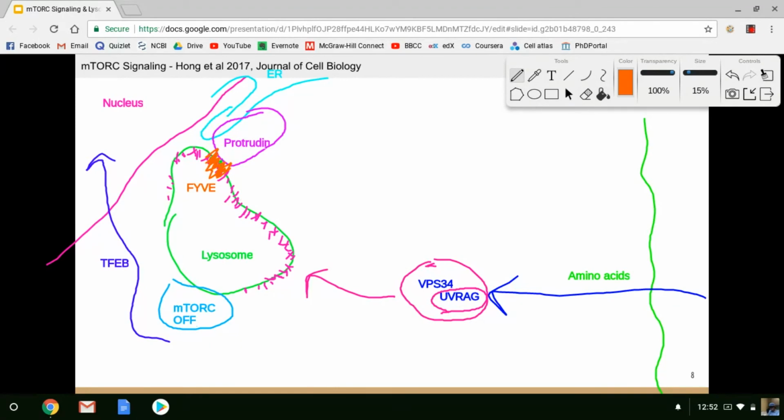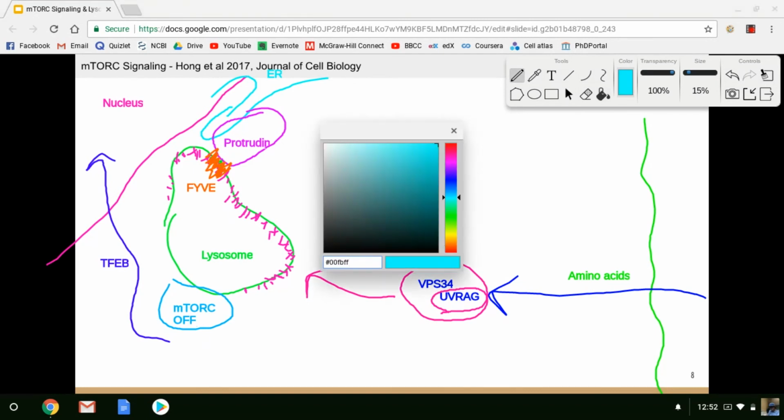And so this allows protrudin, which is an integral membrane protein of the ER, to interact with lysosomes when they are near the nucleus. This facilitates the ER lysosomal contact sites.